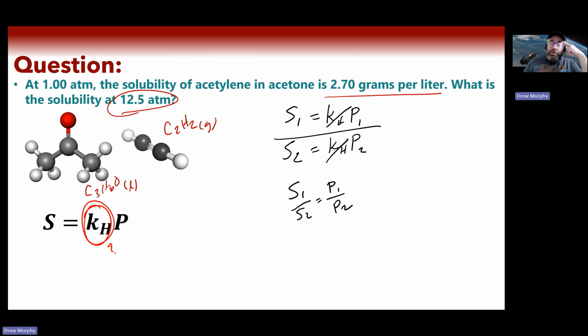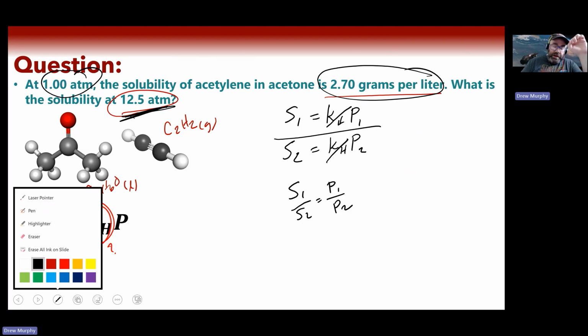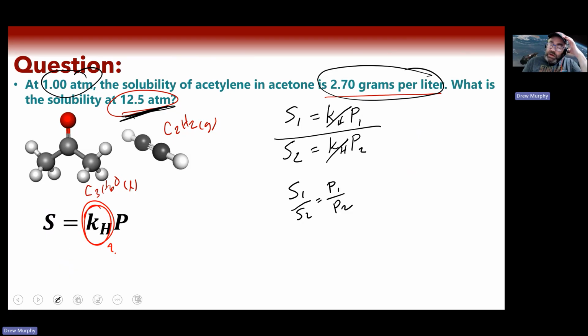And we can use this because we know three other things. We know here's a pressure and there's the solubility that goes with it. And then here's another pressure. So we know both pressures and we're solving for a solubility. So when we're doing that, the best thing to do, don't get married to which conditions is 1 and which conditions is 2, right? Think about easiest to solve for S1.